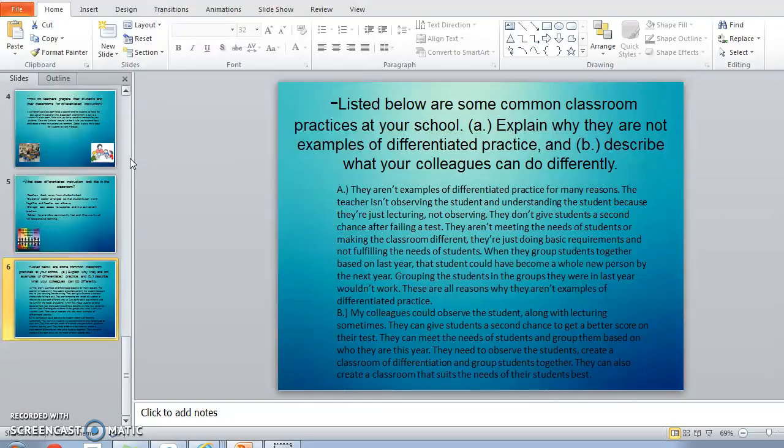And also, they weren't practicing differentiated practice because they weren't meeting the needs of the students and making their classroom different. They were doing basic requirements, and I feel like a lot of teachers do that because they want the state testing to be so good, and even the students stress out because of state testing.